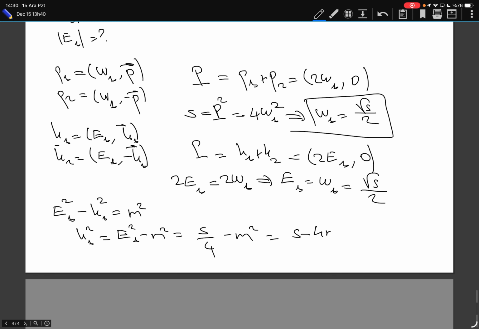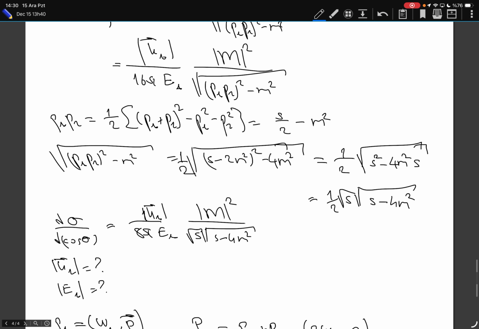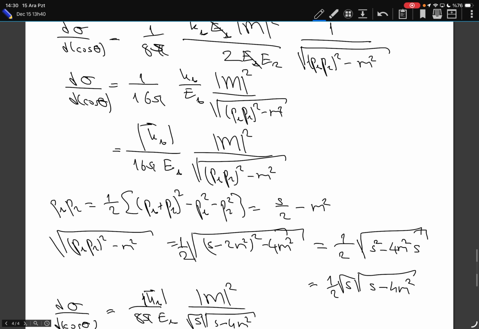S minus 4M squared over 4. So K1 is square root of S minus 4M squared over 2. I also know K1 in terms of my Mandelstam variables, S, T and U. So let's go back. This is my expression.